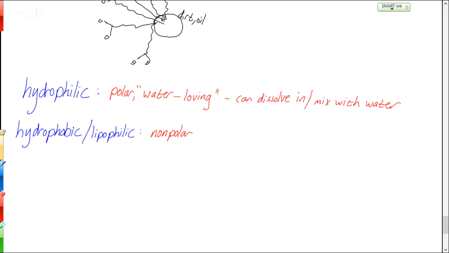All right, so then the last term here. Amphiphilic are things that are soluble in polar and nonpolar compounds.